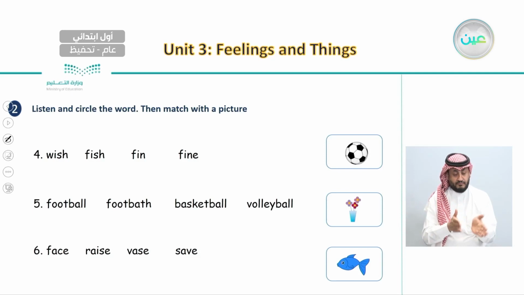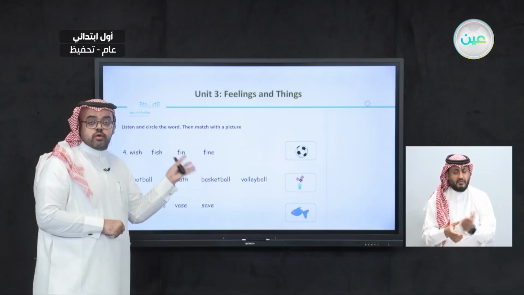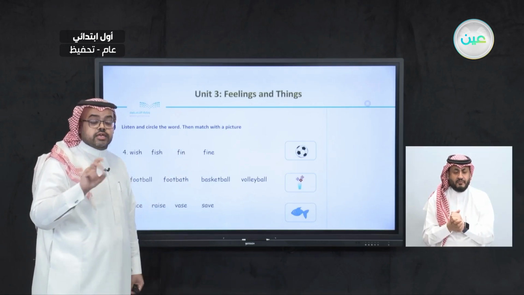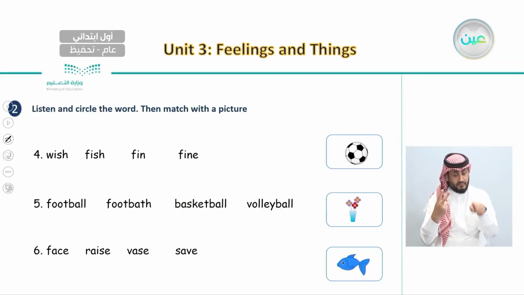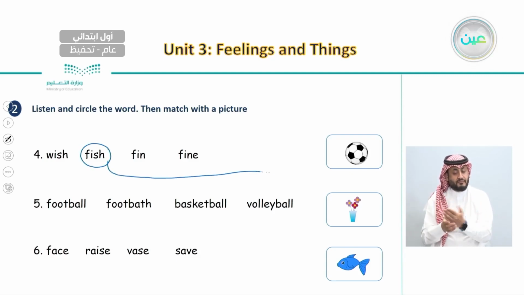Now let us move on to answers number 4, 5, and 6, and let's listen now to number 4. The word with number 4 is fish. So what do you think? Fish. It is the second one. So here we go, we circle fish and we match it to the picture.